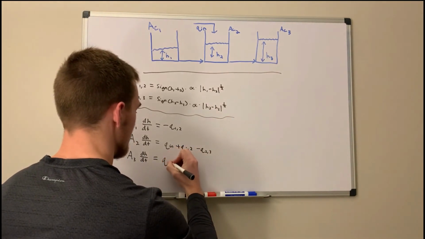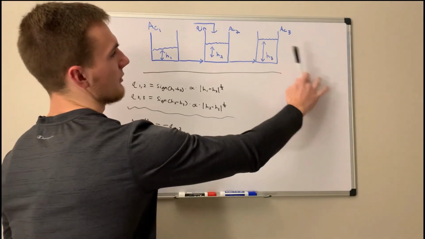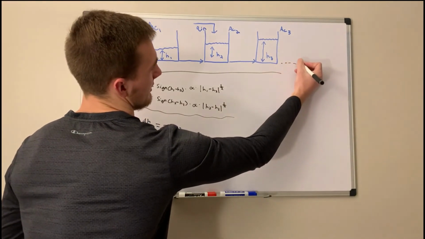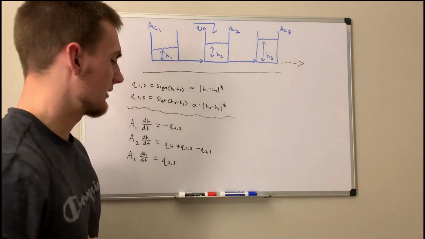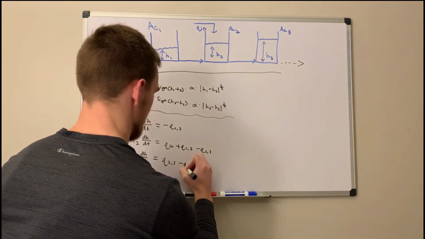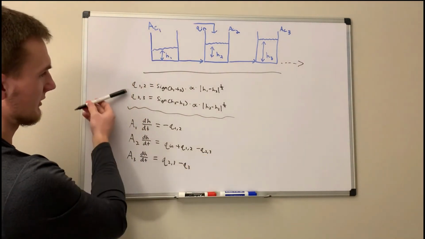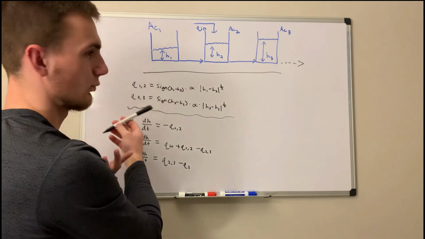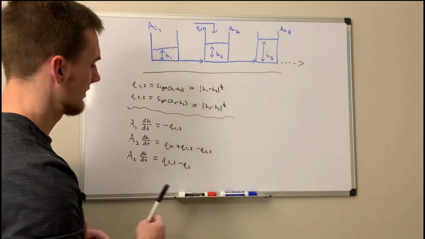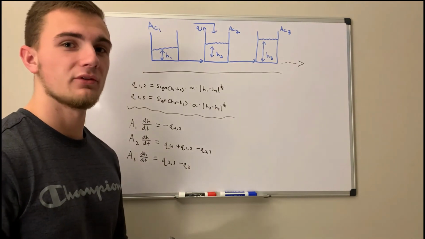So we'll have Q2,3, and then taking into account the flow out of this tank here, we will have minus Q3. Okay? So this gives us our equations for flow from one tank into its successor tank, and the differential equations set up here for the change in volume for each of the tanks.